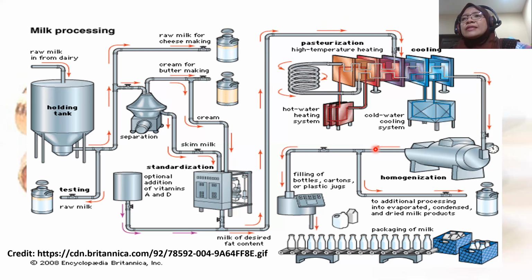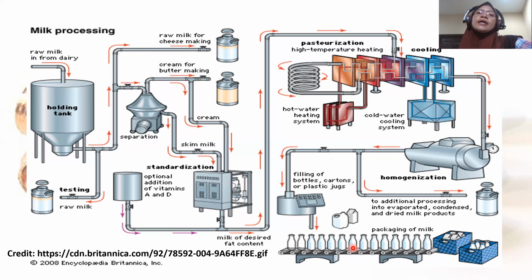Some amount of the milk will be transported into the next processing line to produce evaporated milk, condensed milk, or dried milk products. From the filler machine, the milk will be pumped out and filled into bottles. So this piping connection has met the objective of producing cow milk in bottle.